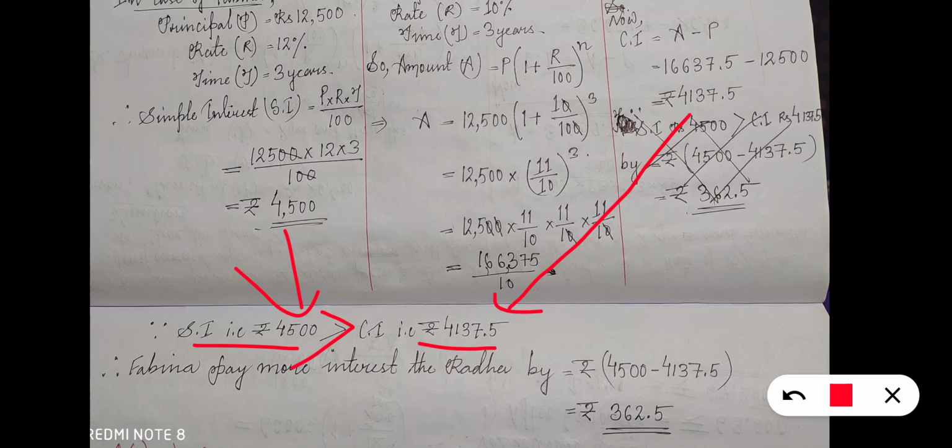Therefore, if simple interest is more, who is paying more? Simple interest is Fabina's. So Fabina pays more interest than Radha by, you have to subtract this from 4500, that is 362.5. Okay, are you clear? Okay, let's move to the next question.